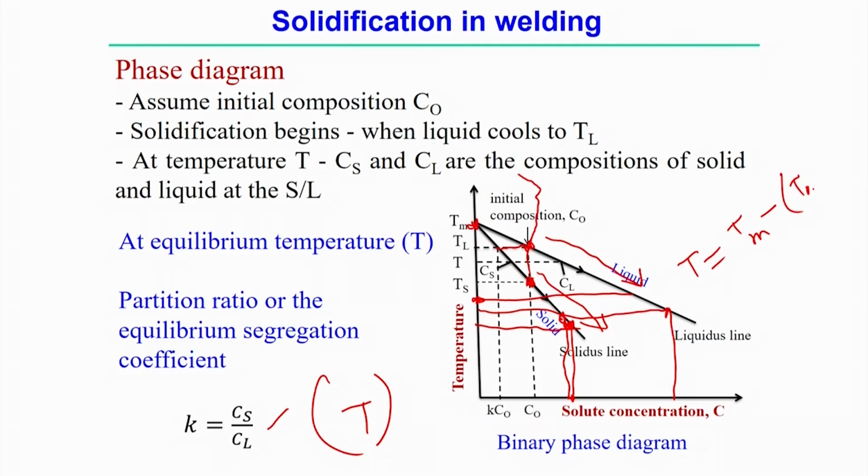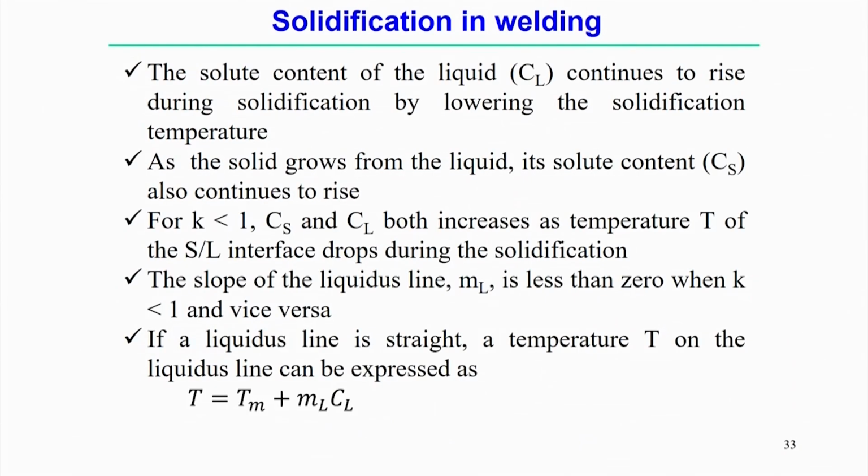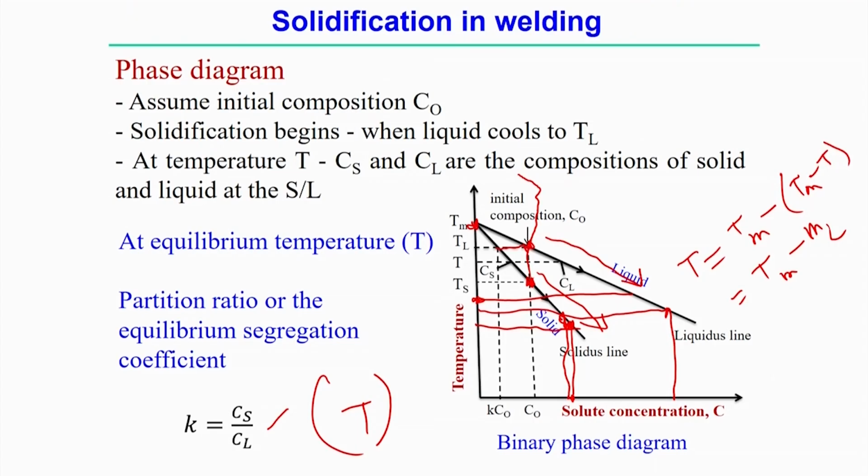So, Tm minus T, the increment, can be represented by the slope ML, and the slope corresponds to the CL. So, M into CL, and this slope is negative. So, T at any point can be represented by Tm plus the negative slope times the amount of the liquid content at that specific point.